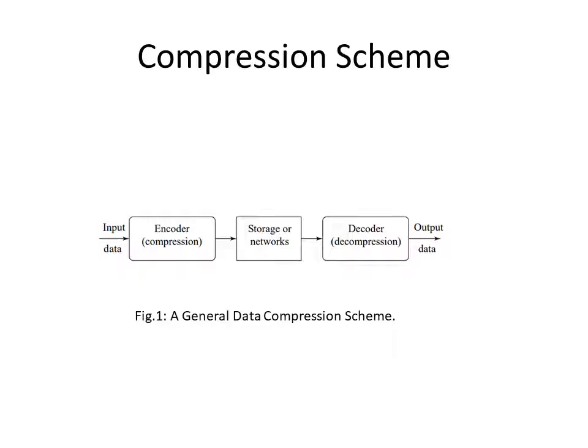The percentage of compression that we want to achieve depends on the network on which we want to send the data, and obviously the application for which this data is intended. Then once the encoder has done the compression, the data either can be given for storage or it can be given to the networks.